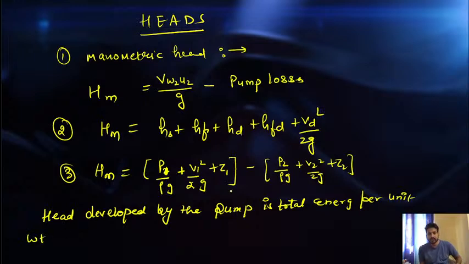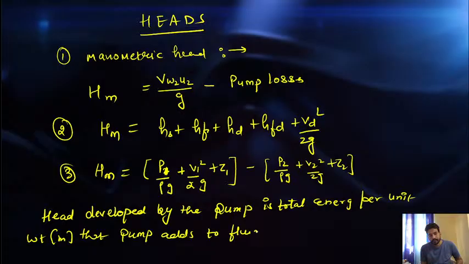If you are doing this total energy per unit weight, then you will get the unit meter, right? Total energy per unit weight that pump adds to the fluid to move it. अरे जल्दी बोलो, समझ में आ रहा है कि नहीं? महीना कौन कौन ऑनलाइन है, फटाक से बताओ मुझे.